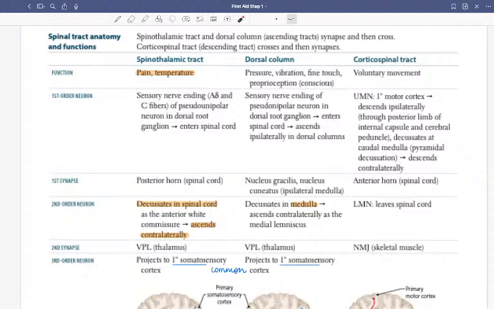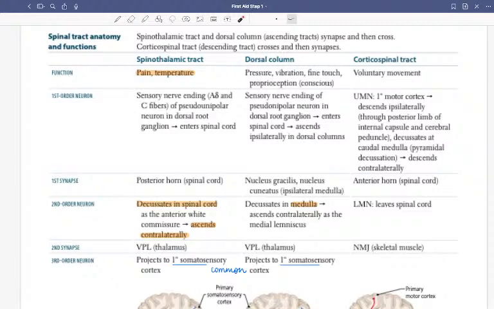Dorsal part, alar plate, sensory, alar plate, dorsal. It decussates in the spinal cord itself, the second order neuron. Dorsal horn is going to come into the spinal cord. Dorsal root ganglion, that pseudounipolar neuron, is the first order neuron.